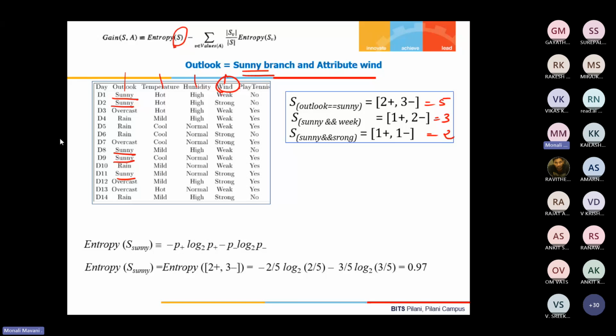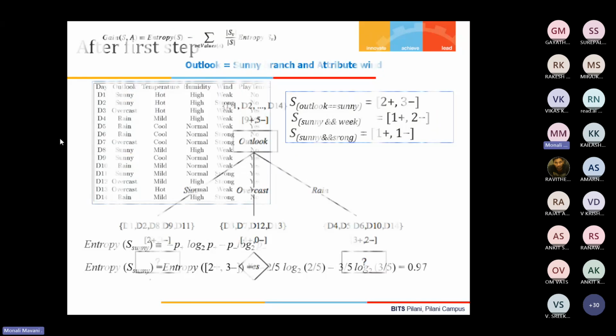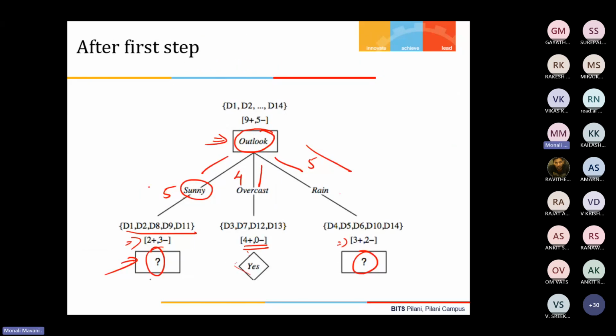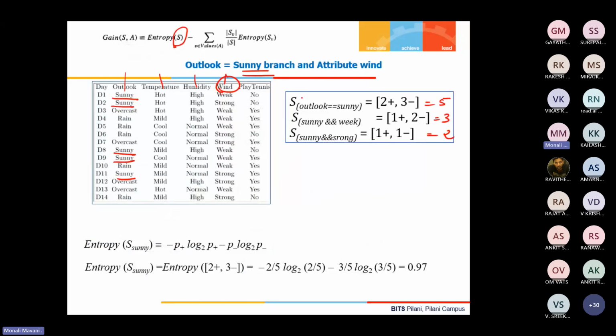But now I'm looking at the outlook equal to sunny branch, and only 5 examples are going here. Only those 5 examples we have to consider in the calculation. That will become our parent node, so this S is the entropy of the parent node.